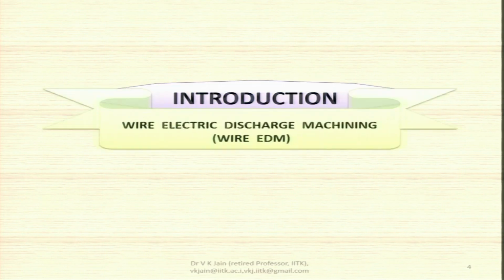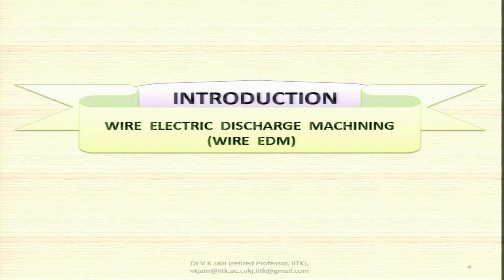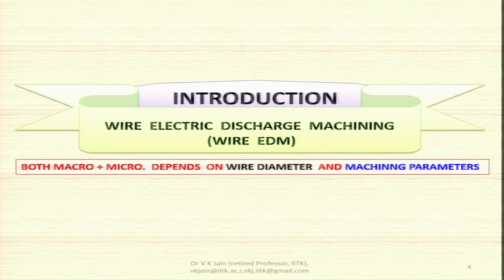Introduction: wire electric discharge machining as well as wire electric discharge micromachining. Both macro and micro are discussed in this particular lecture. Whether it is macro or micro depends upon the wire diameter and the machining parameters that you have chosen, so that you will see over here.